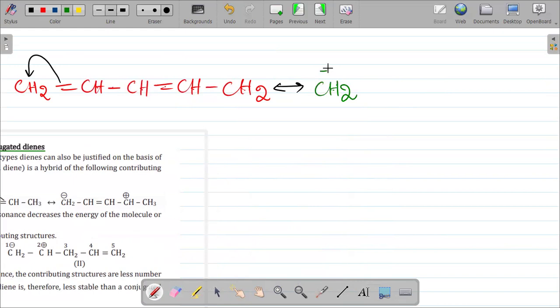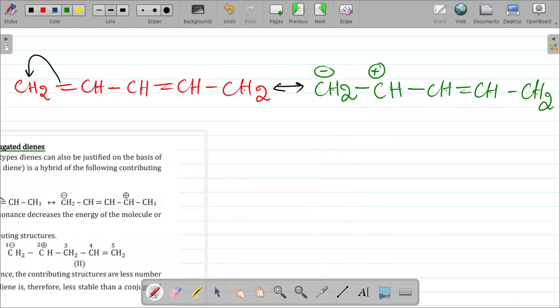So a negative charge is created on this carbon, and a single bond is present here, and also a positive charge is present on carbon number two, because it loses its bond, right? Then we have a CH, and after that we have CH and CH2. So this is another structure of this compound.